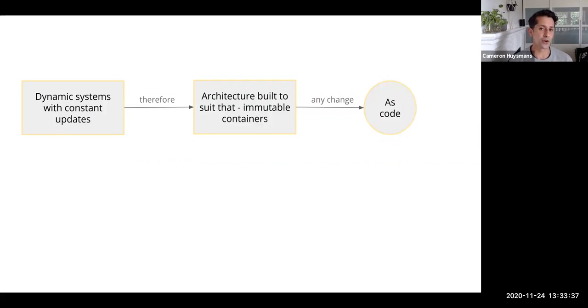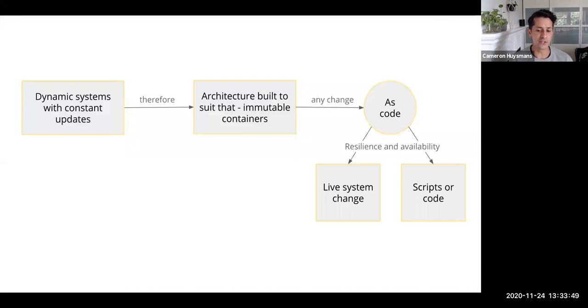If we think about historically how people have done this, it's definitely via some sort of privileged access management tool, maybe via some sort of two-factor authentication. They've said, this is how you can do changes. And then in this new environment, the way that you build out things like resiliency, availability is all via live system changes, possibly behind some sort of feature flag, but also through scripts or codification.